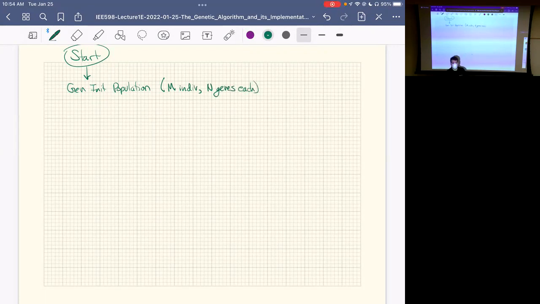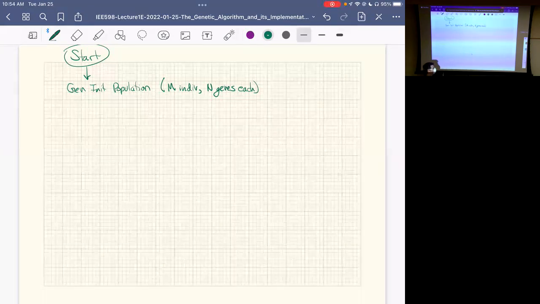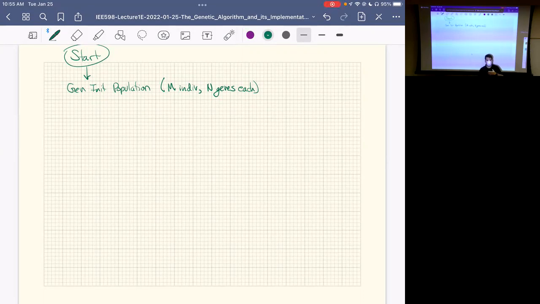We're just going to draw N random numbers M times, and depending on the range of each of your genes, you might be able to do that in one step. Like if all of your genes are binary, for example, then you just need to draw a random binary matrix, an M by N binary matrix, and you've got your whole population.